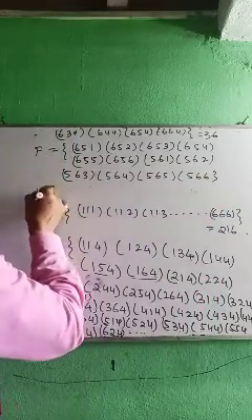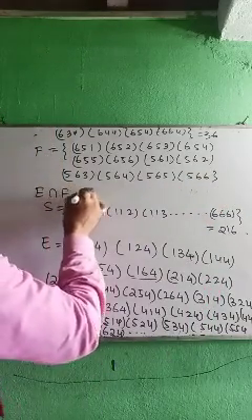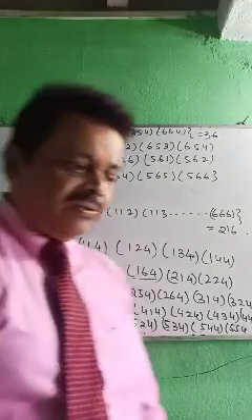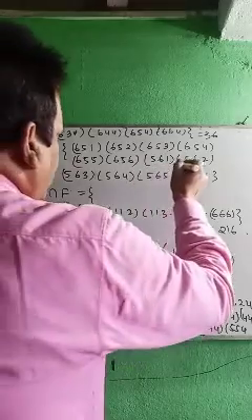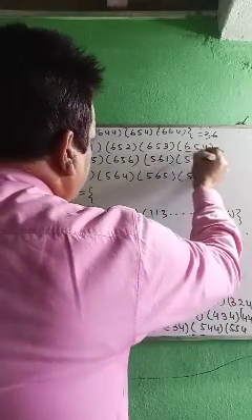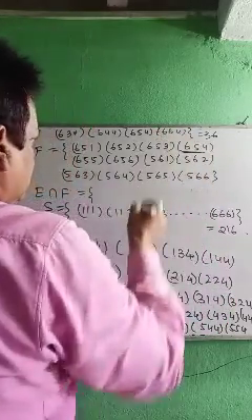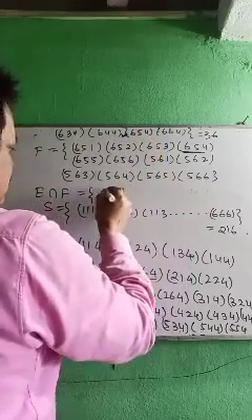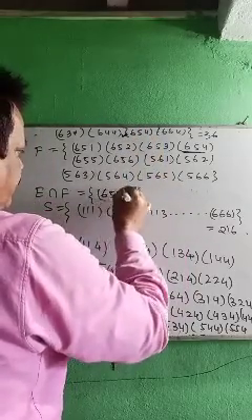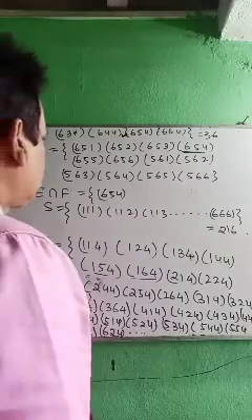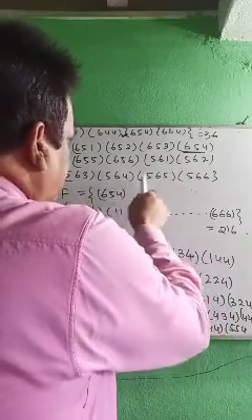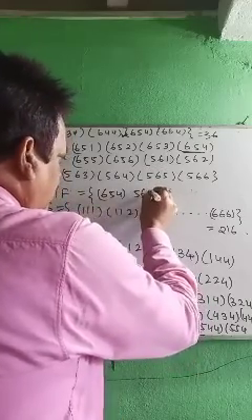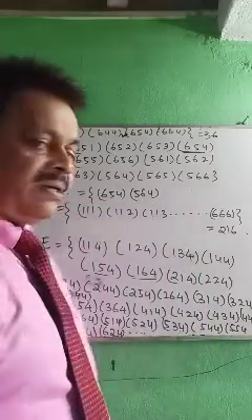Then what is E intersection F? What will be common? 6 5 4 will be common because it is common to both. Then 5 6 4 also will be there. Only these two can be common.